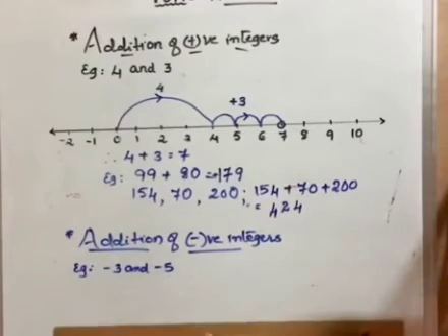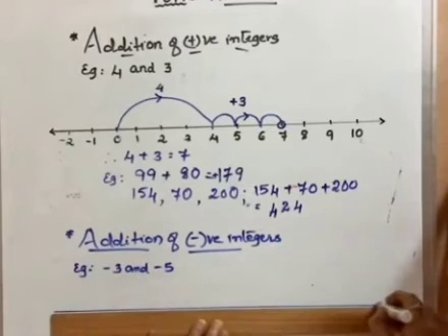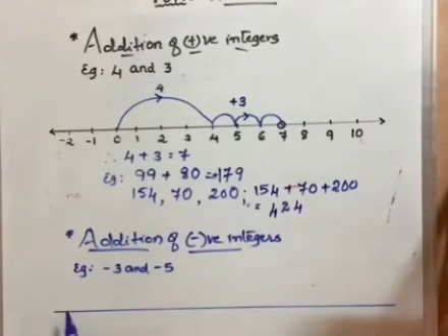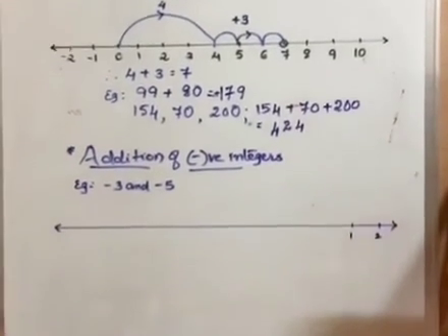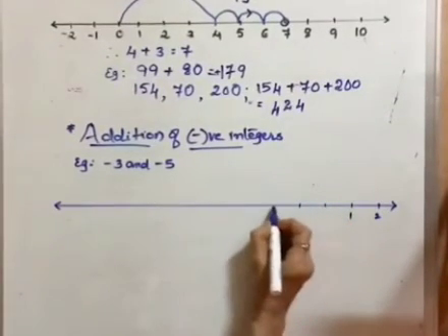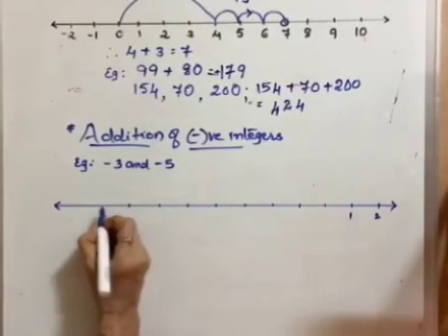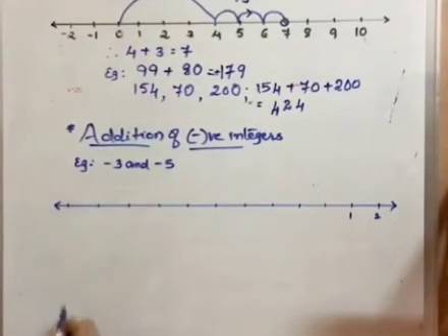Draw the number line, children. Use a ruler. See that the spacing is good. Now all are negative integers. Are you all doing along with me?